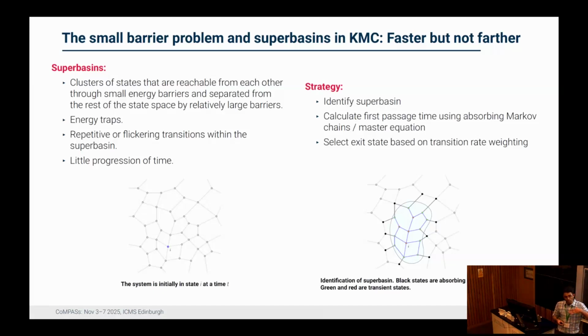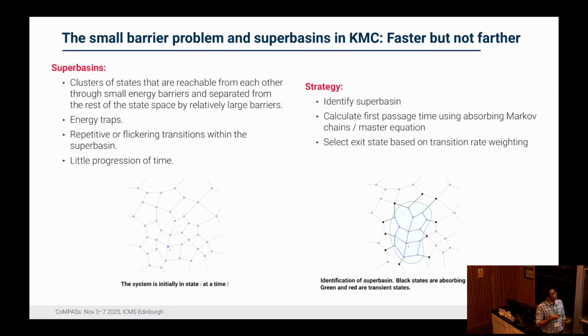So your kinetic Monte Carlo algorithm keeps running lots and lots of iterations between a few set of states. If you want more information on this, you can look into works by Fichthorn from Penn State, or Brian Puchala and Krishna Garikipati from Michigan. They have done a very good amount of work on this.